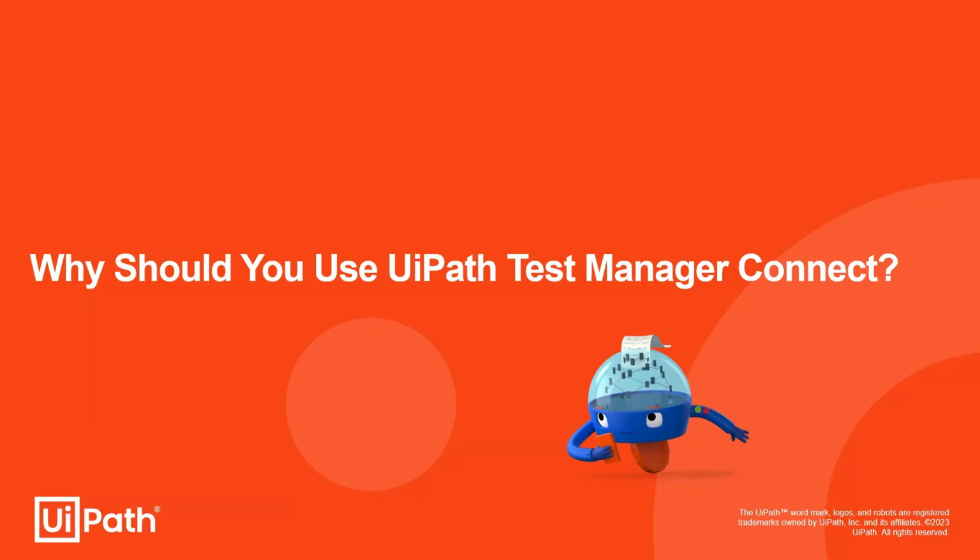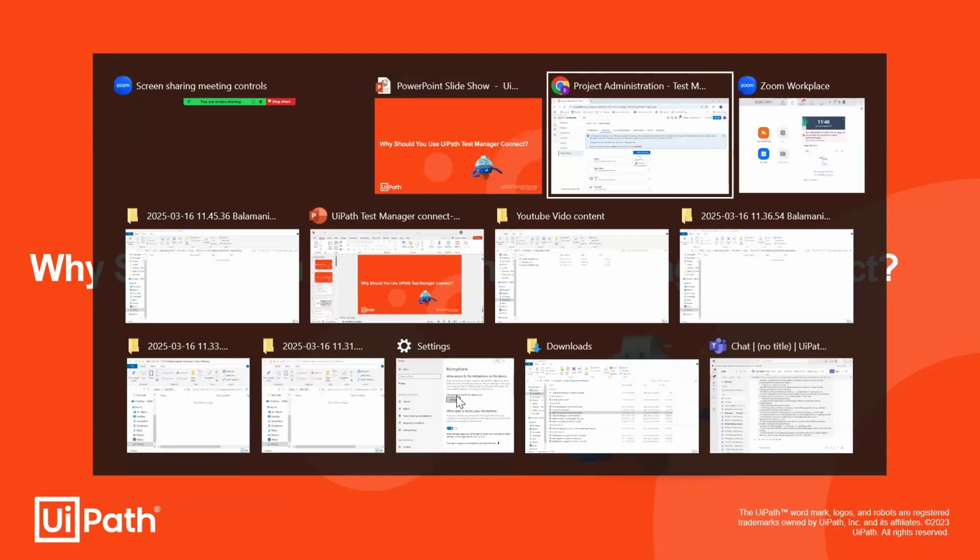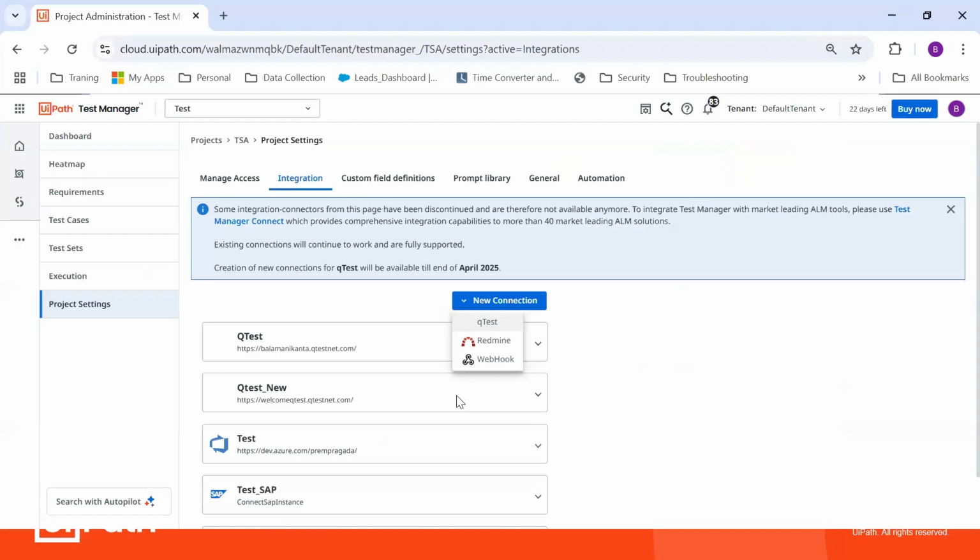To answer this question, if you go to your Test Manager Cloud instance, you can see the already created connections, if you have created this integration earlier. But if you want to create a new connection, especially for Azure DevOps, Jira, or X-Ray, you don't find an option to create the native connection.